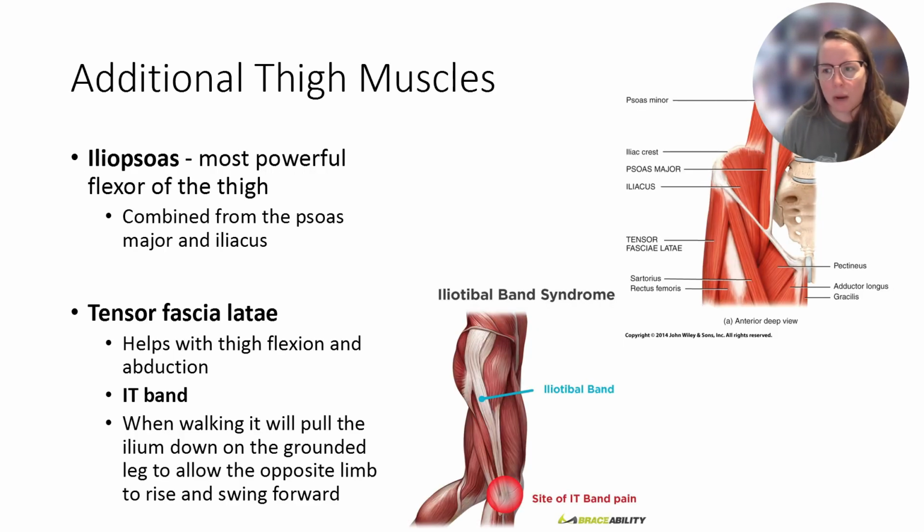Now the other 2 thigh muscles I want to bring to your attention, they're thigh-ish hip muscles, and I'll explain why, are the tensor fasciae lata, which we talked about with our gait cycle. It's kind of on the side, but it connects to the IT band, which is also kind of connected to your hip muscles. And then we have our iliopsoas. The iliopsoas we'll start with first because it's actually made of 2 muscles.